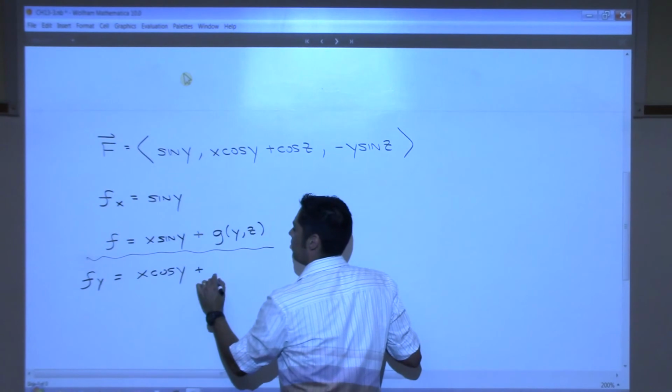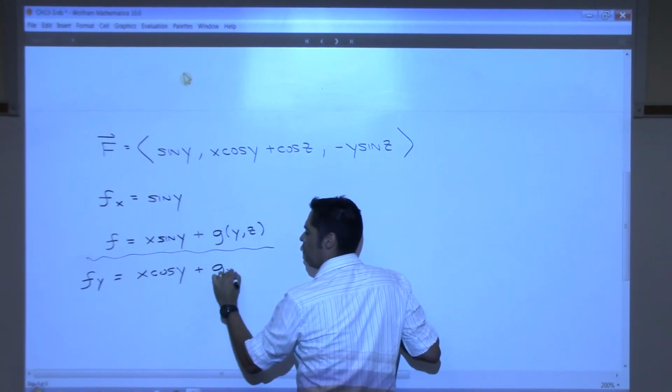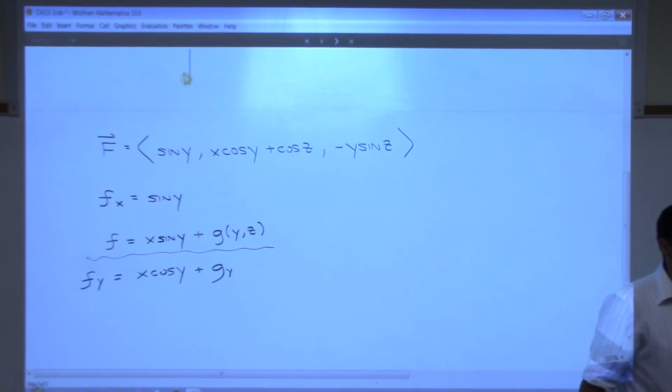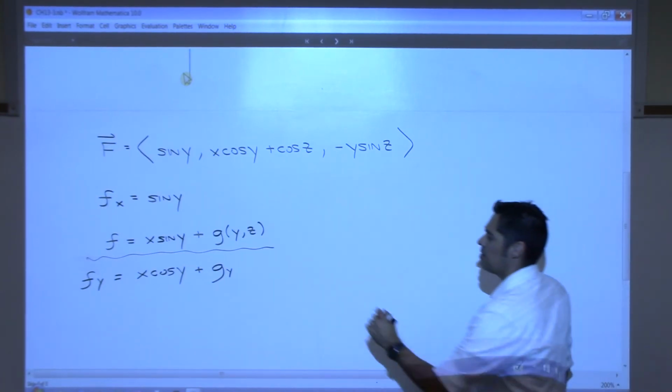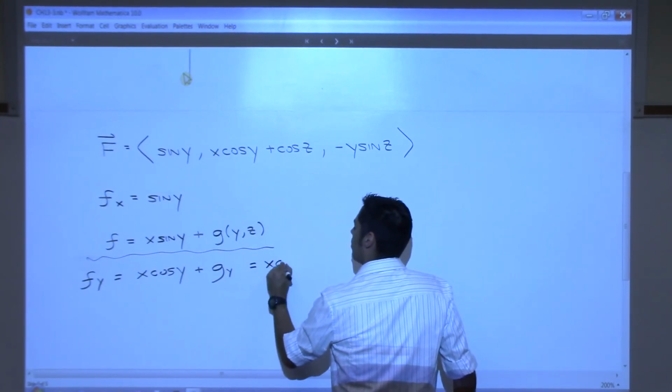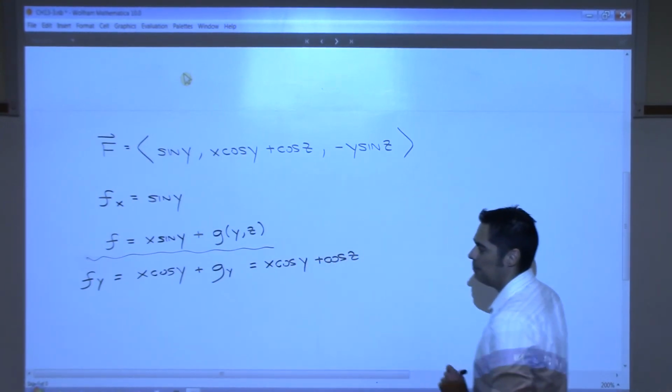Plus the derivative of this with respect to y, g sub y. But that has to match this, right? So that has to be equal to x cosine y plus cosine z, right?